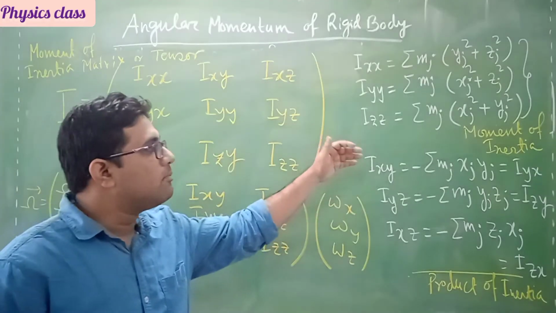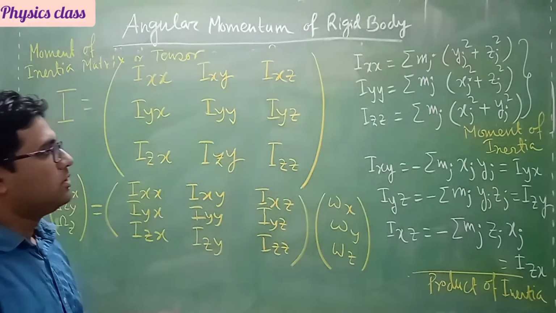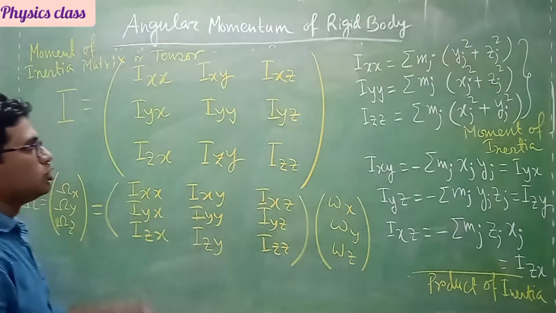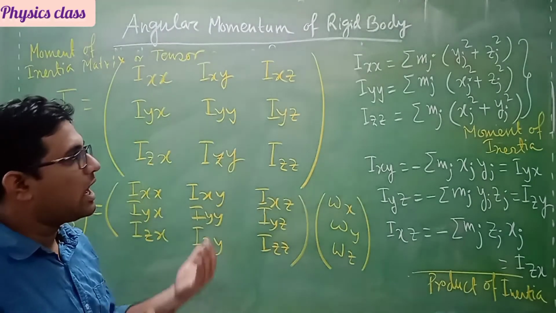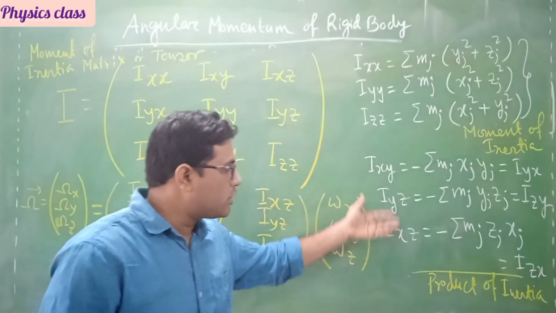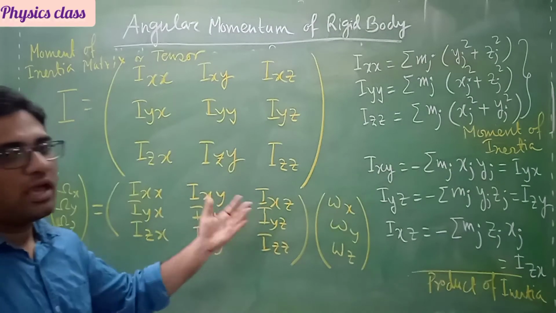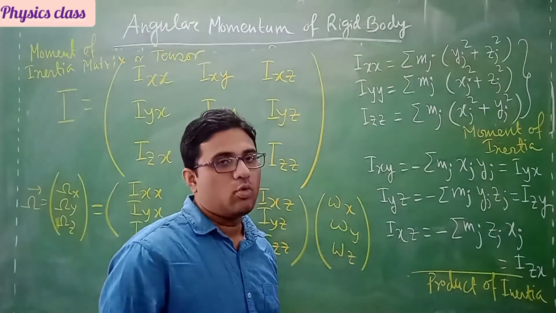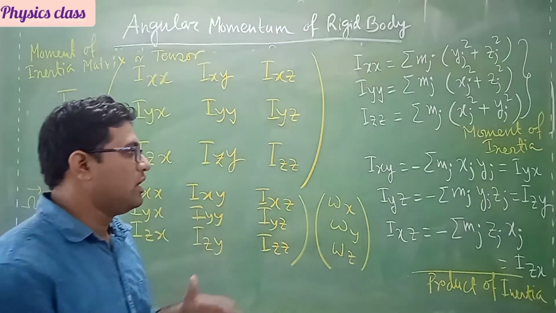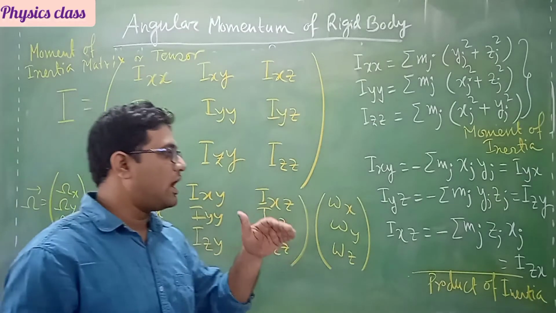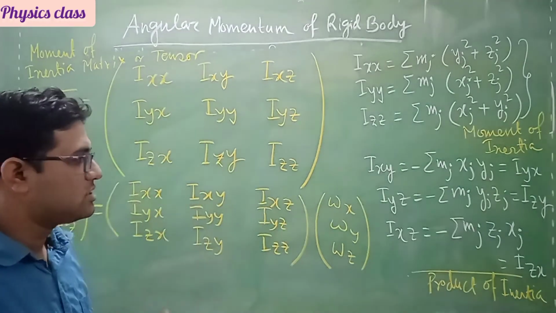These are called the moments of inertia of any body. In general, we should write Ixx, Iyy, Izz as I told. Now these are the products of inertia Ixy, Iyz, Ixz, and Ixy and Iyx are the same. Iyz and Izy are the same. Ixz and Izx are the same.